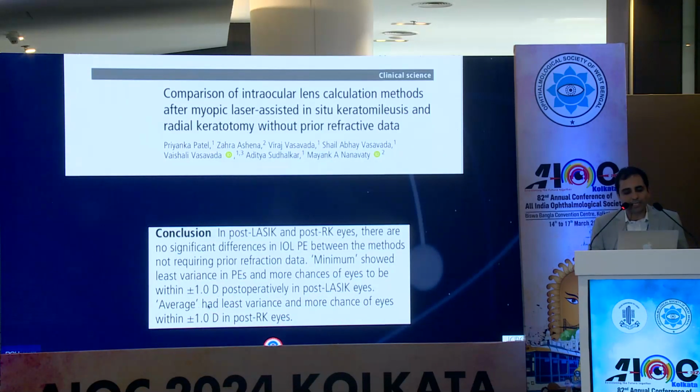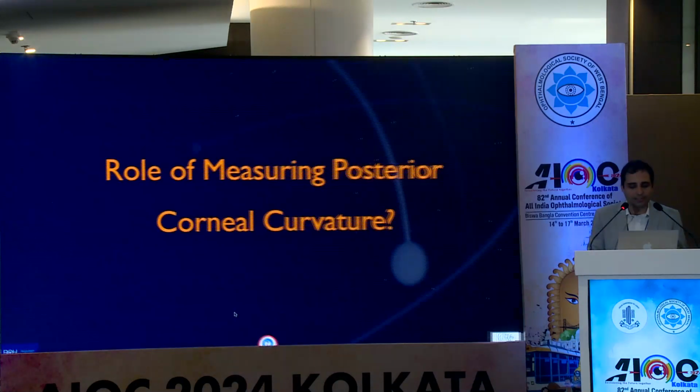Whereas in the post-RK eyes, when we chose the average of the ASCRS calculator, we had the maximum number of eyes within plus or minus 1 diopter. But like I said, RK is still very much on a case-to-case basis that we need to consider.